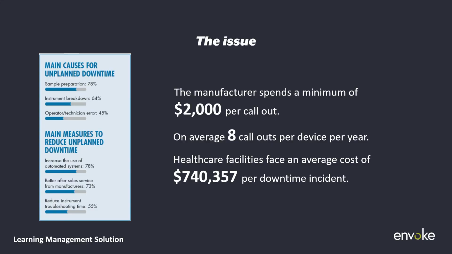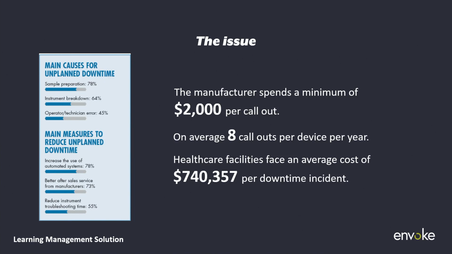And the reason we're looking for that, if you look at the bottom ones there, the main measures to reduce unplanned downtime: increase the use of automated systems. That's not something Envoke can necessarily fix, but that's the way the industry's going. But just because you put some automated systems in there, they are handing over more to the machine, which means there's more pressure on the machine.